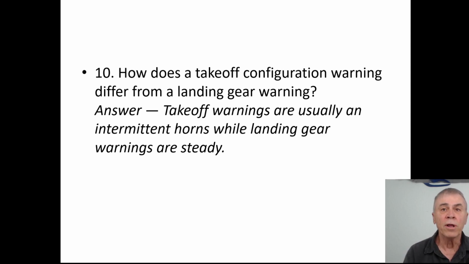So what's different about a warning in a takeoff configuration versus the landing gear configuration? Yeah, the horns for takeoff are intermittent, so it might go beep, beep, beep, while landing gear warnings are just a steady beep. All right. Well, if you're studying, make a note of that.